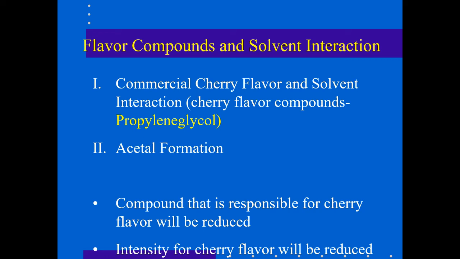And this acetal formation is the compound that is responsible for the reduction in the cherry flavor. So therefore the intensity of the cherry flavor will be reduced in the food product due to the interaction between this cherry flavor and also solvent propylene glycol.